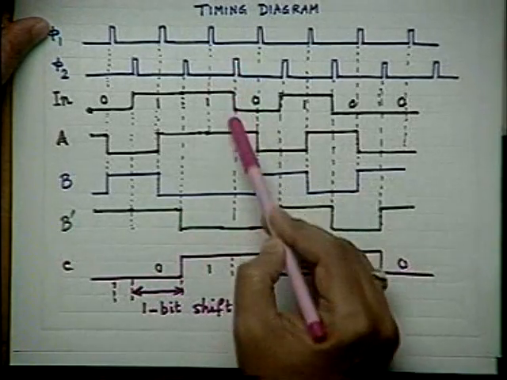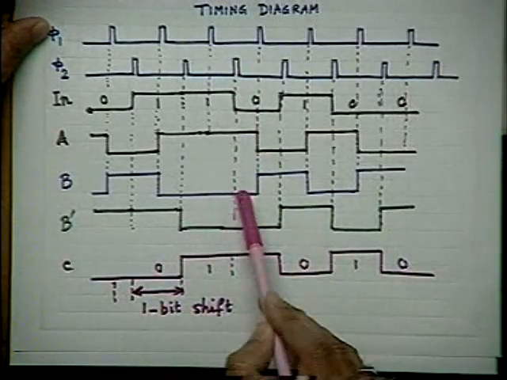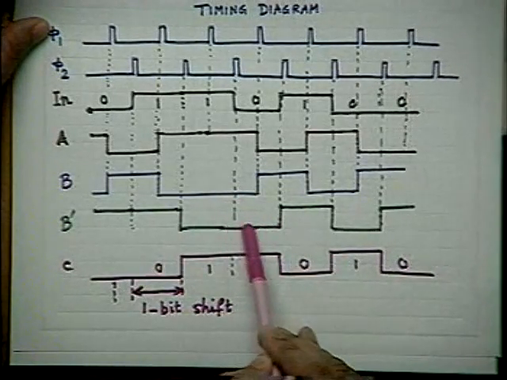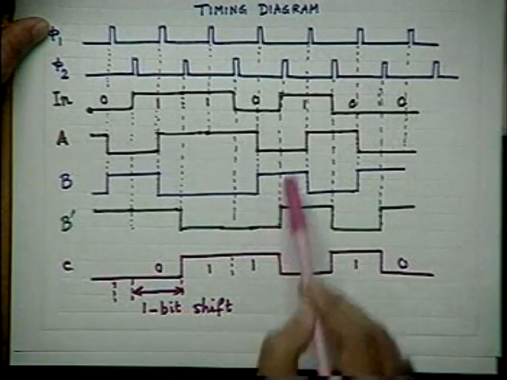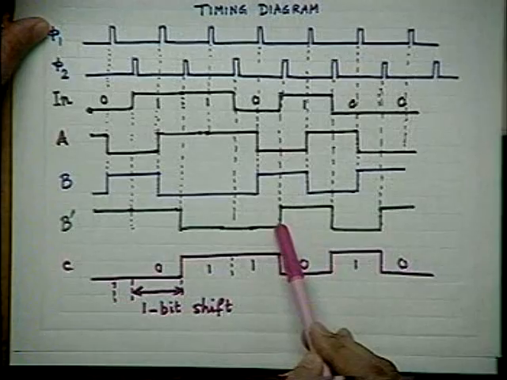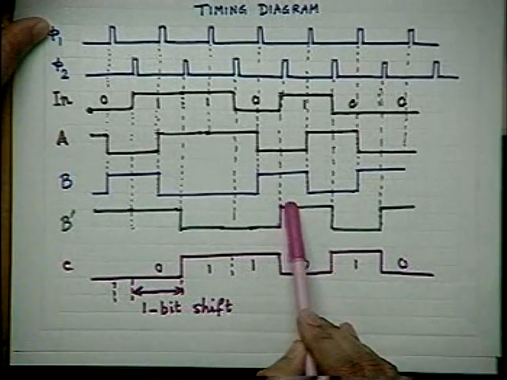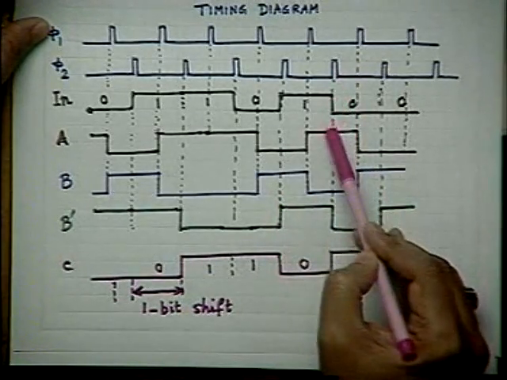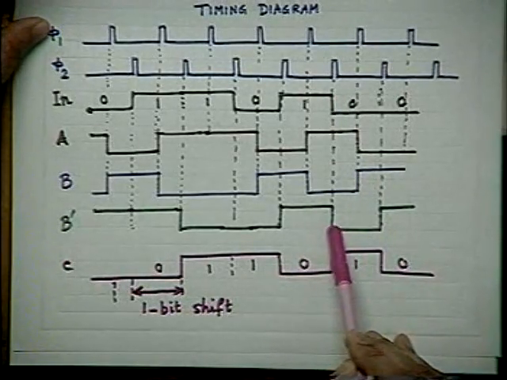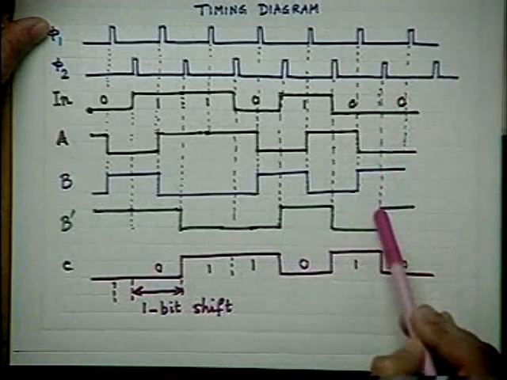I have to wait up to this instant. Here also B remains 0, so output B dash will also remain 0. Then at this transition, B is now high, so B dash is also high. It will continue up to this instant. And now B is 0, so it is 0. Then you go up to this instant.